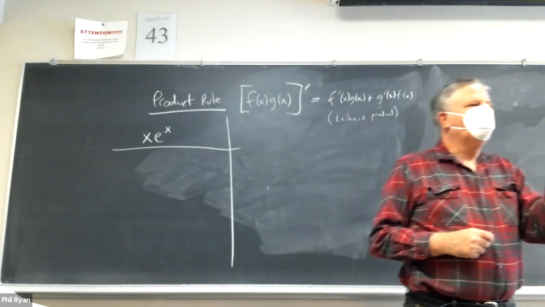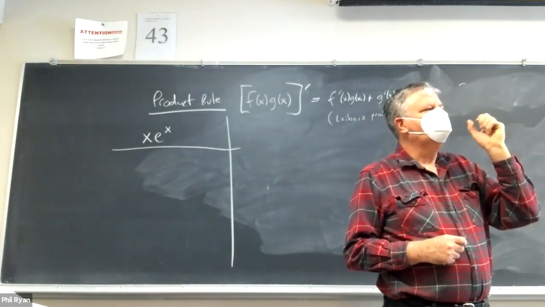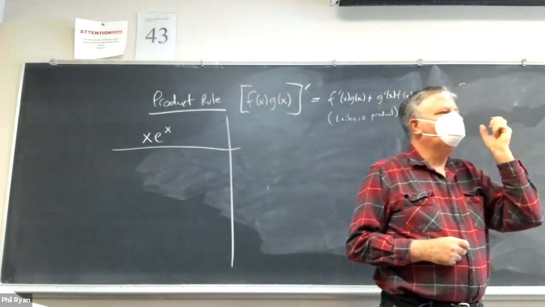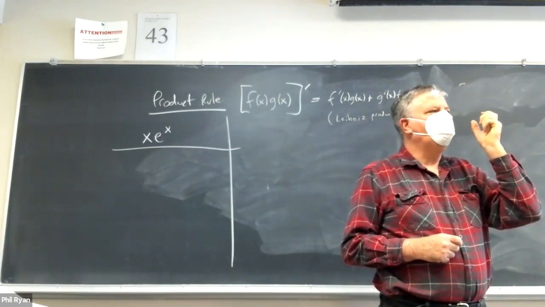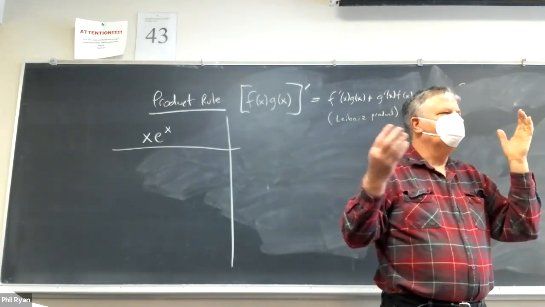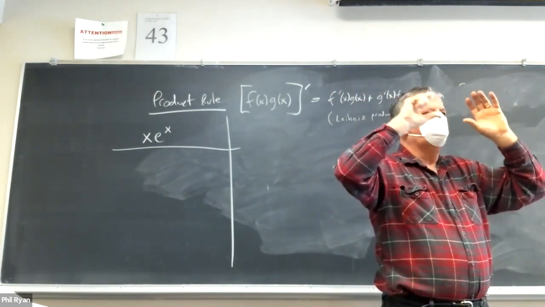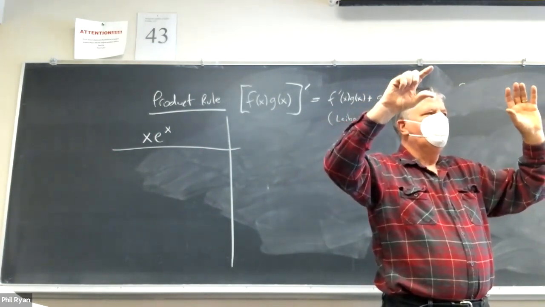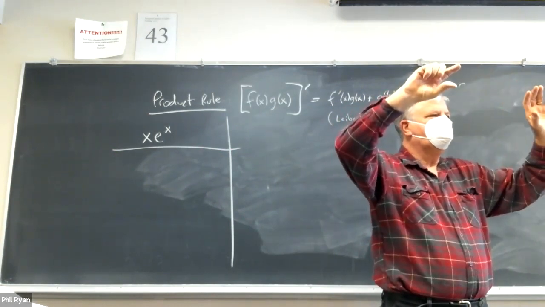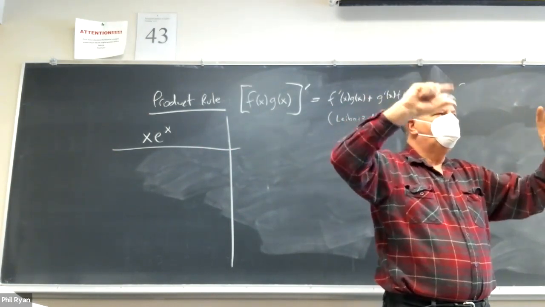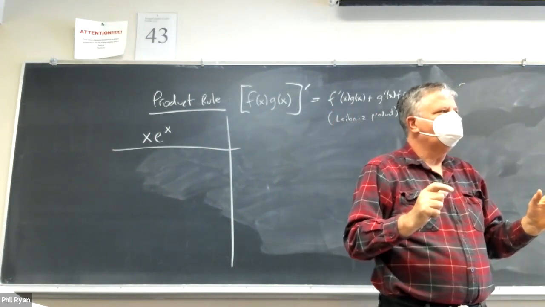So we've got to recognize when things are a product, when things are a chain, however the function is put together, we've got to unpack it into its little pieces, differentiate each little piece, and then put it together.